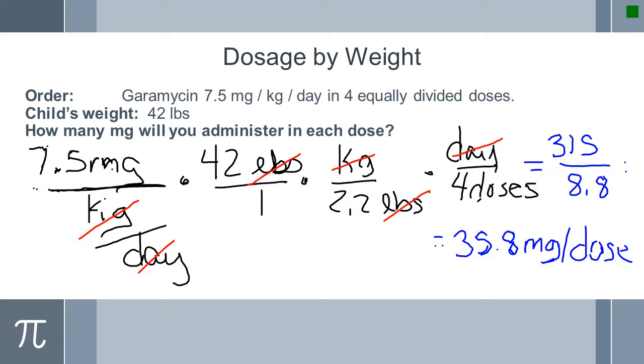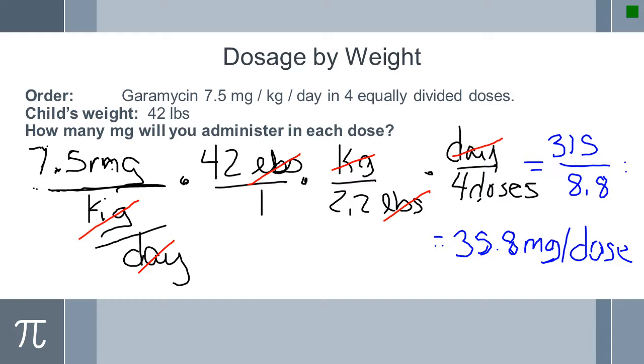Let's try another one that looks a little different. On this one, you have a medication that's 7.5 milligrams per kilogram per day.